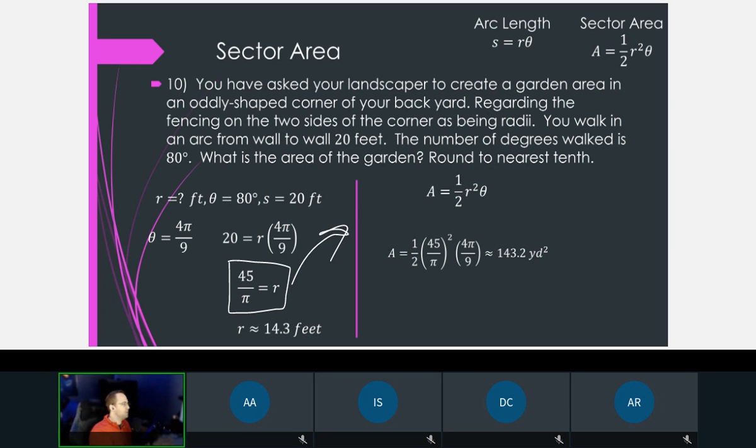Did anybody use 14.3 for the R value when plugging into the second part? I did, and that's why I got a different answer. Okay, I got 142.8, and then when I did it the way you did it, I got that answer. Perfect. And that was my question: if you use the rounded R value of 14.3 and plugged it in, would you get the same answer? And sometimes you do, right?